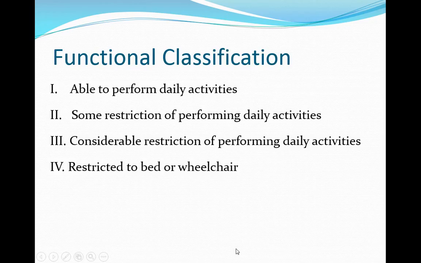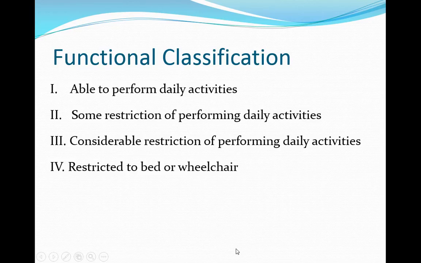So, for several reasons. Number one, we use a lot of injections. If we have a patient that has contracted hands, we're not going to be able to teach them how to give injections, so they might have to have another person at home. The other thing is, if I already have a patient whose disease is so severe that they're restricted to a bed or wheelchair, how much benefit am I going to get from therapy?